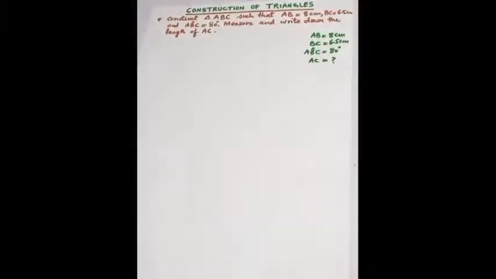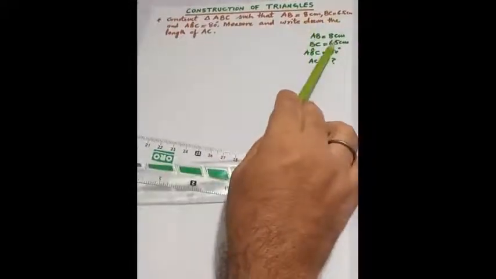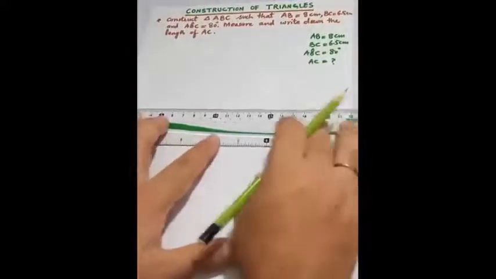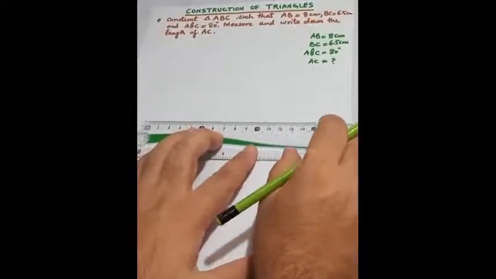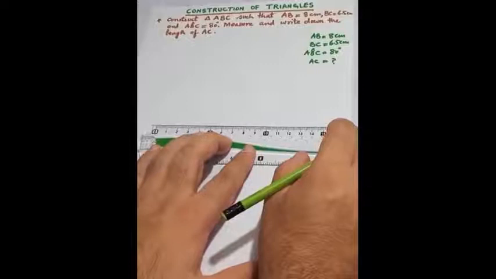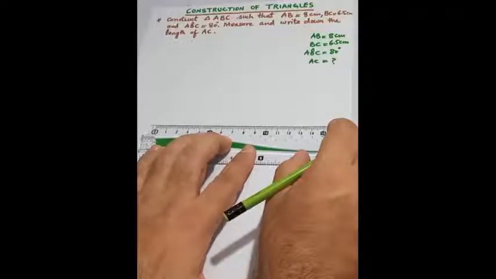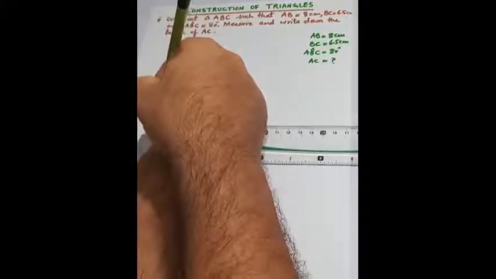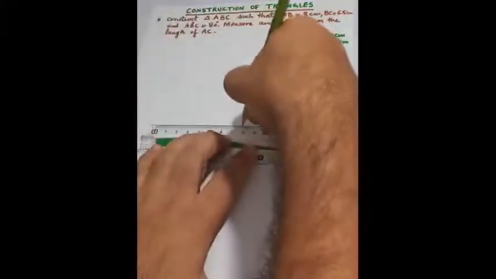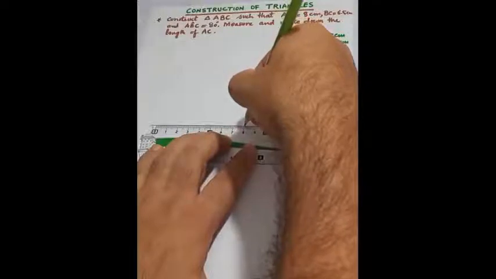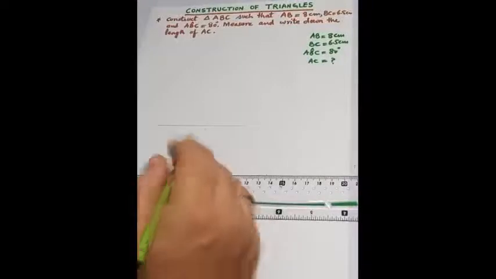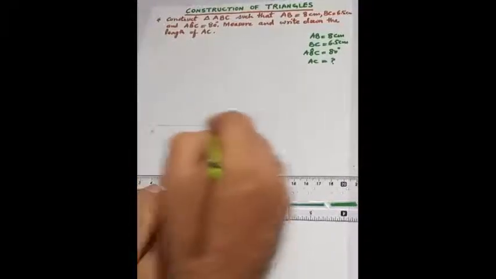So first of all we will draw the line segment AB, that is equal to 8 centimeter. Students, look at the line segment AB, that is equal to 8 centimeter.